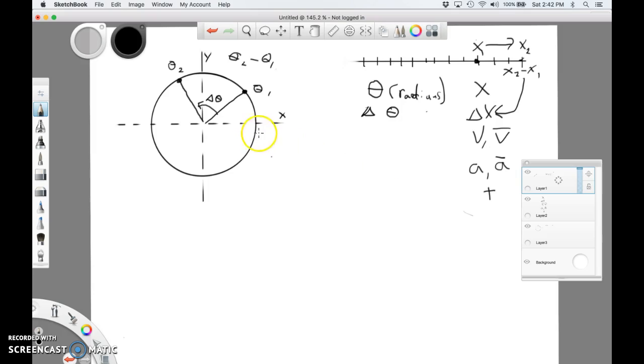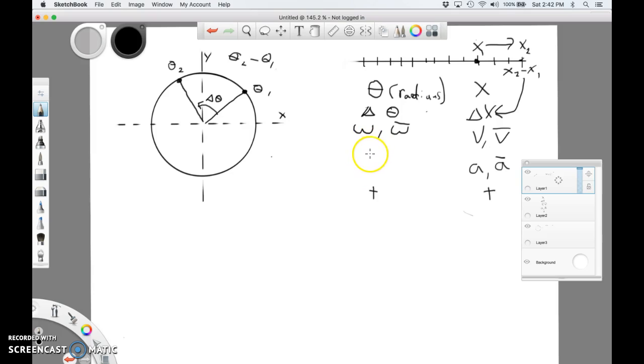All right, and when that displacement happens, it's going to happen in some certain amount of time, okay? And so when we talk about how fast it was moving, that's our angular velocity. The symbol for angular velocity is omega, and we can have instantaneous angular velocity, or we can have average angular velocity, okay?